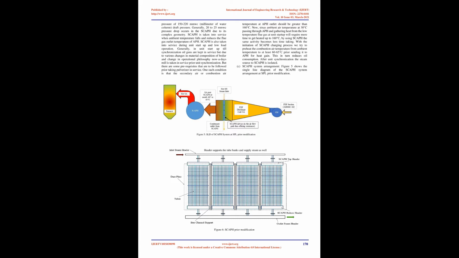The turbine model in SPL is N660-24.2/566/566, which is a supercritical, tandem compound, combined high pressure, HP, and intermediate pressure, IP, to low pressure, LP, double flow, intermediate reheat, condensing type turbine manufactured by Shanghai Electric Power Generation Equipment Co.